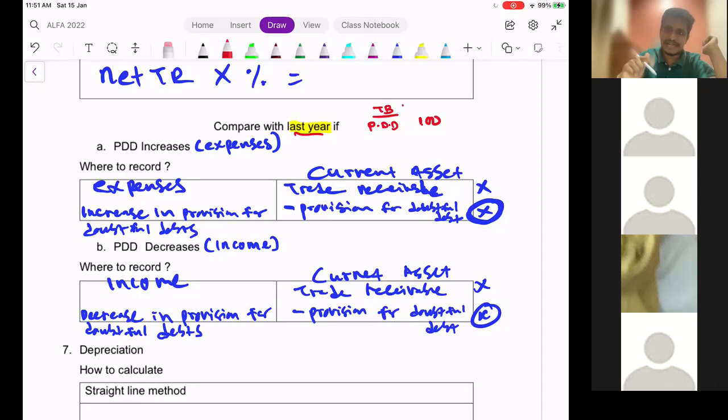Okay, and this year you calculated PDD increased by 20. So what do you do? You go to the expenses, you record 20. And then in the current asset, you write how much? 120. You understand?